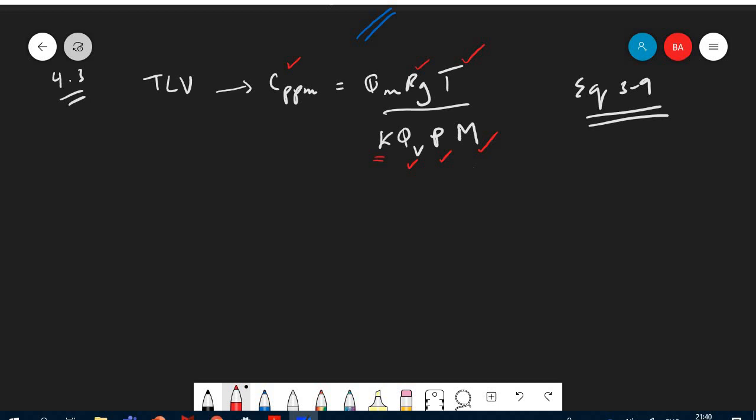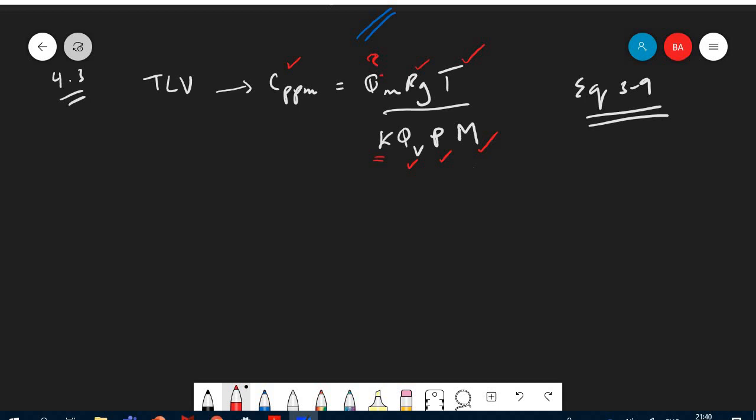So we can assume a value of 0.1 to 0.5, or equal to 1 if it's really well mixed. And in doing that, I have all the values. The only thing that I have left is the QM, and in this case I'm going to calculate QM.